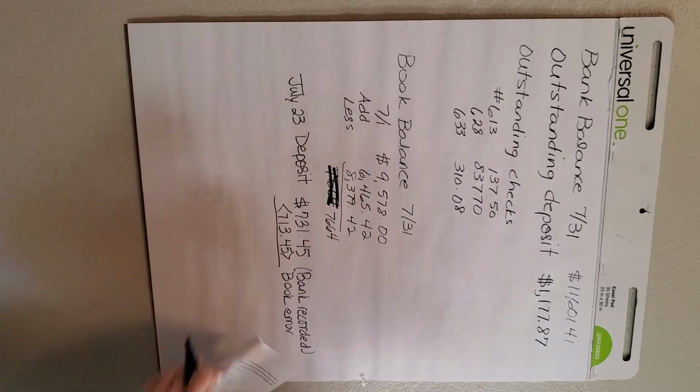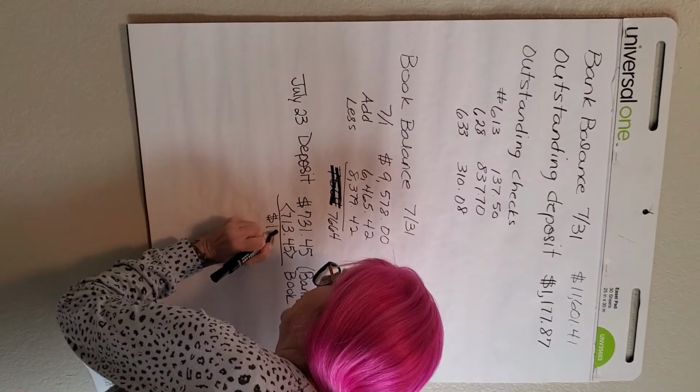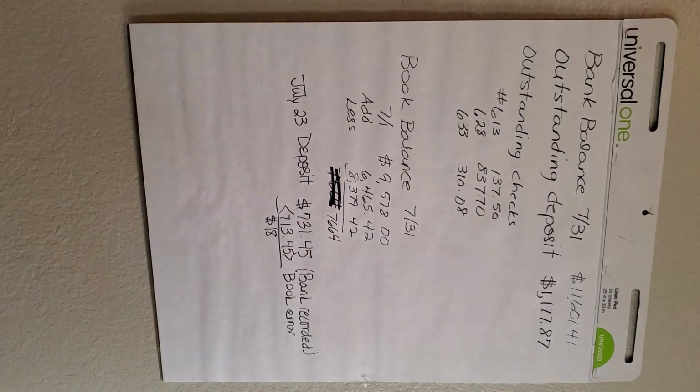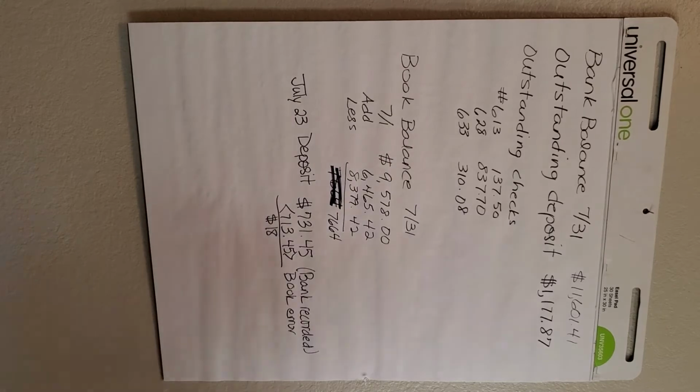So that means that we didn't add $18 when we were doing that as our deposit. So we're going to add that properly back in on the bank reconciliation.